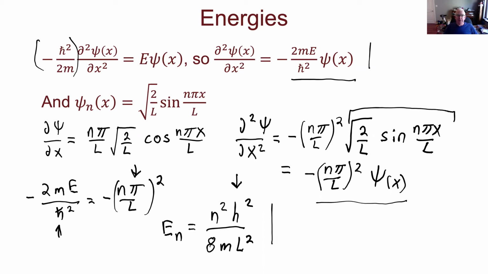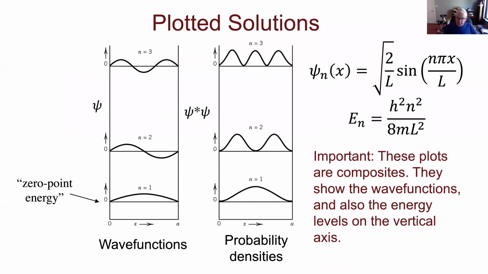It says the energy depends on n squared, where n is the quantum number, right? So the higher up in quantum number I go, the higher the energy of my state will be based on that equation. Let's take a look at exactly how those things space out in an energy level diagram. So these are the equations for the wave function and the energy over here.